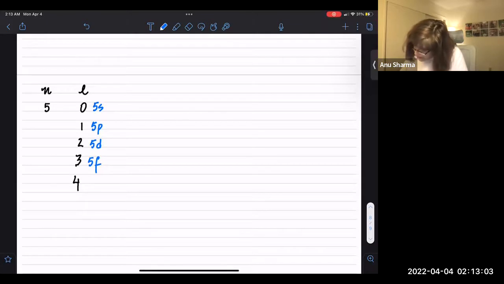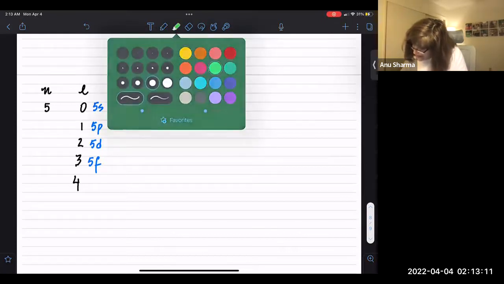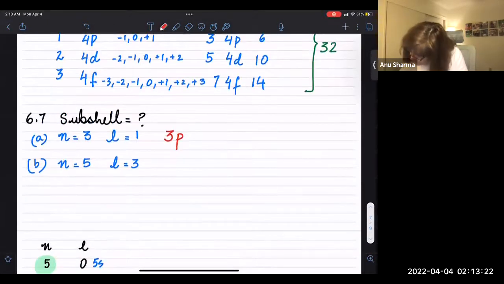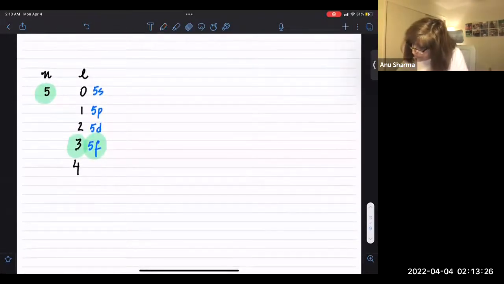So the question is, which one is it when l is equal to 3 and n is equal to 5? We are looking at n equals 5 and l equals 3. So the answer is 5f. This is how you will have to do these.